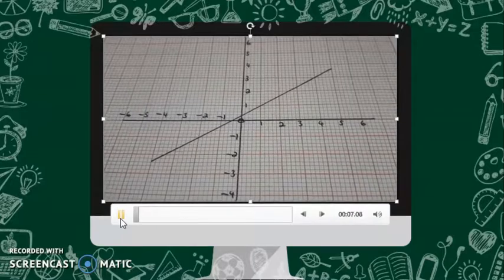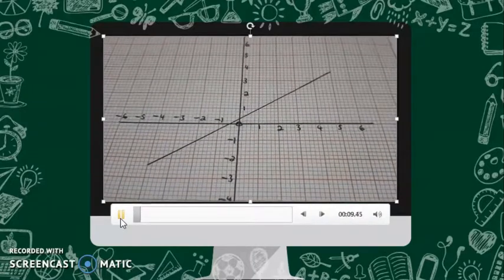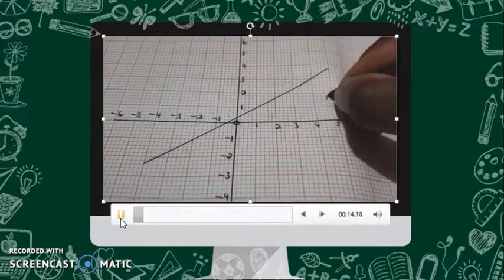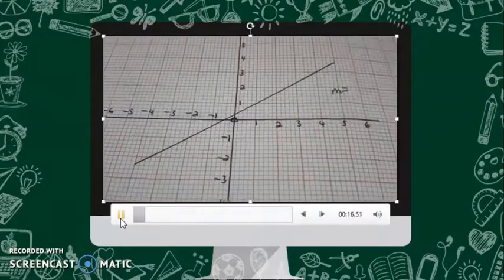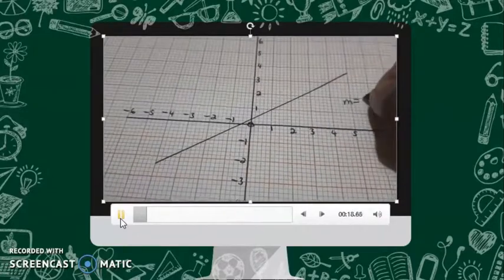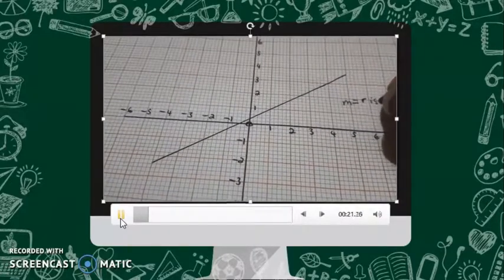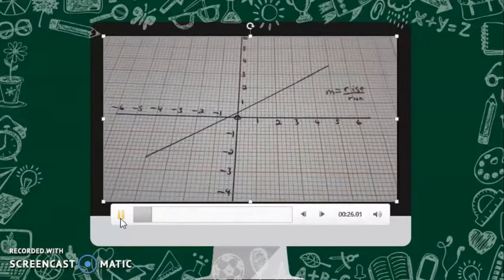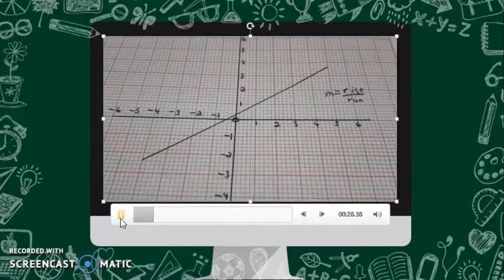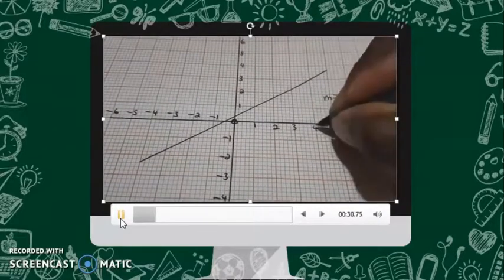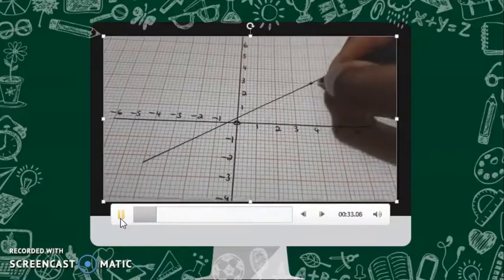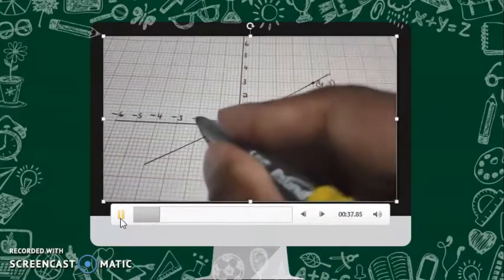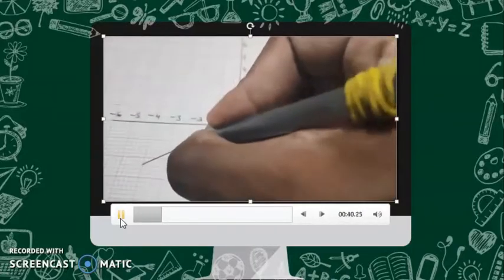Alright, so now first thing first, look at the line, and then you have to remember your formula for finding gradient, which is rise over run. Very simple. So next, we'll choose our random points. We use 4, 3, and also -2, -1.